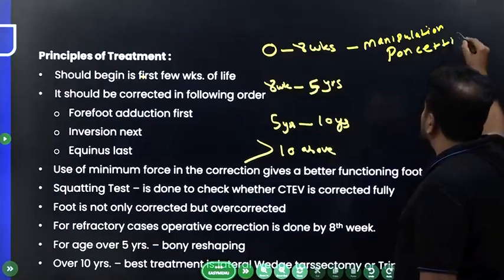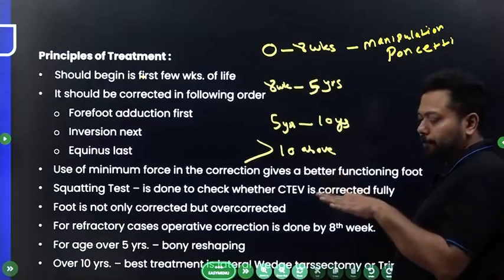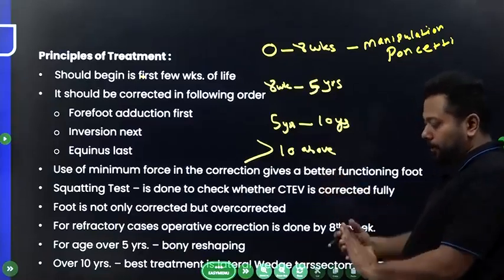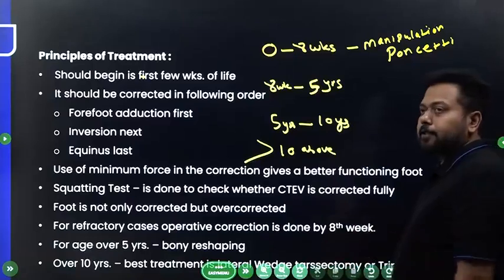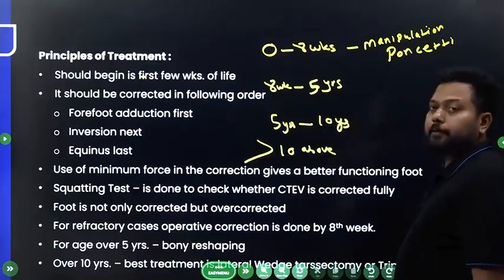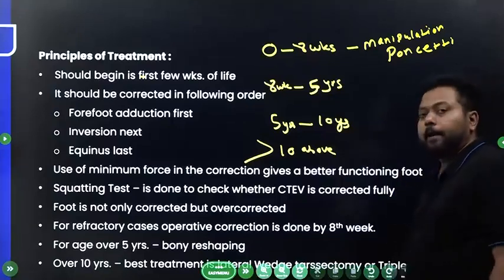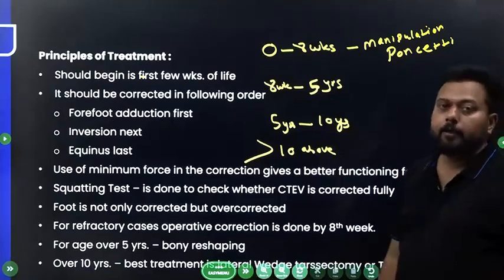They will correct forefoot adduction first, inversion next, equinus last. In the correct position, they will give an above-knee POP cast, and that is called Ponseti's method. 0 to 8 weeks, by 8 weeks it should get corrected.